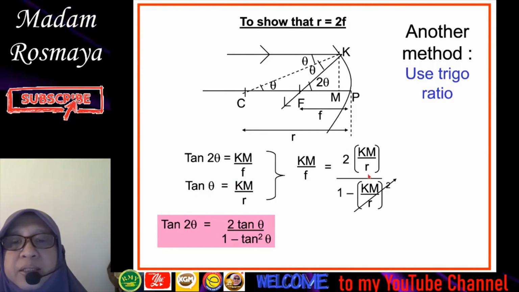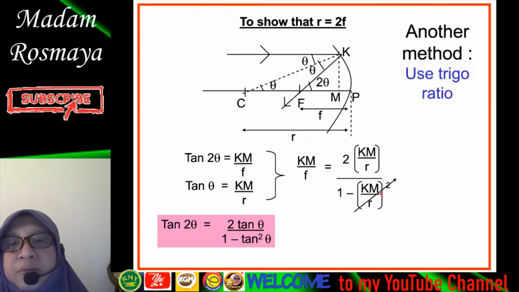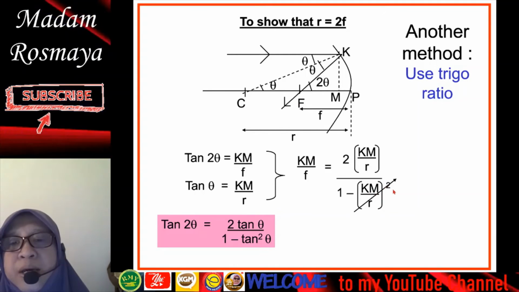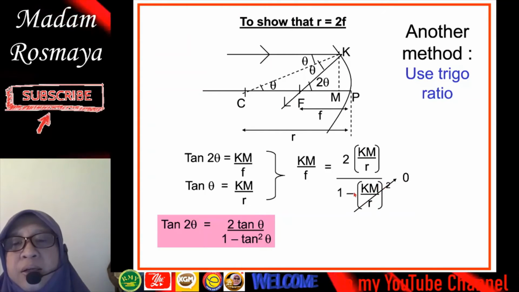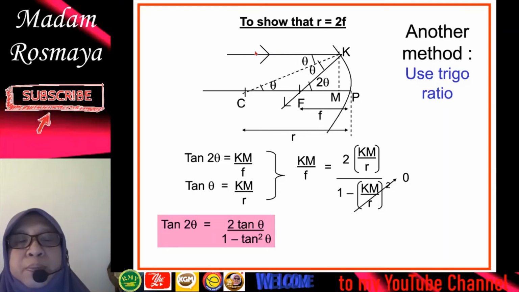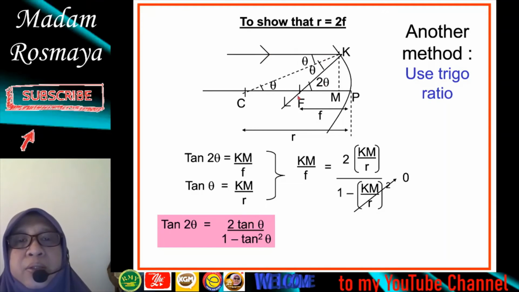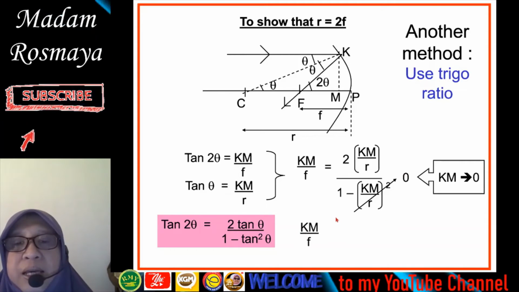So we get this. And because KM is close to CP, the (KM over R) squared is approaching 0. So we can equate this to 0 for a very close parallel ray to the CP. Next, this one is 0, so 1 minus 0 is 1.